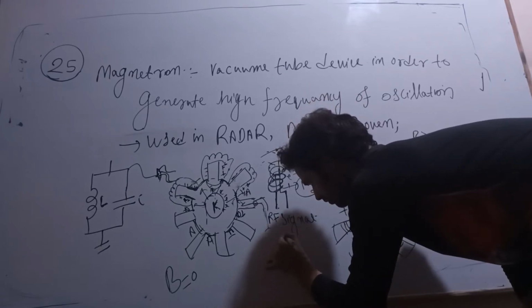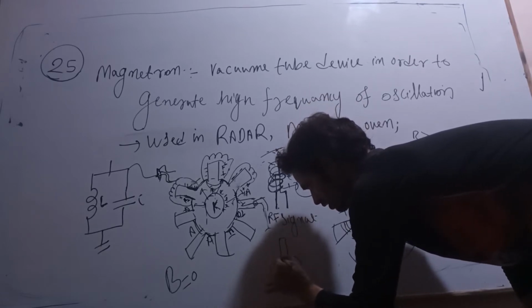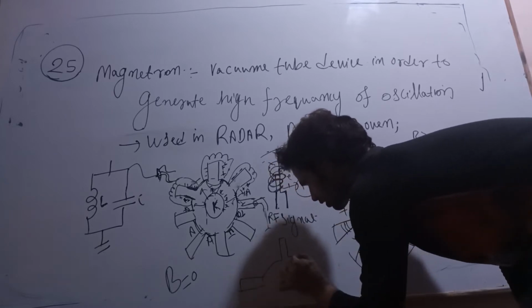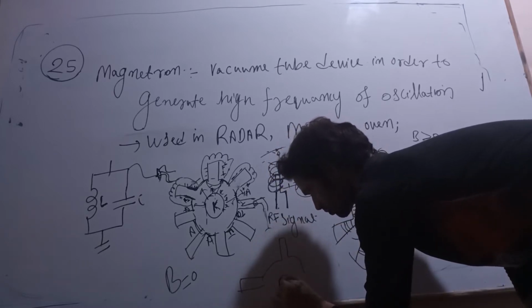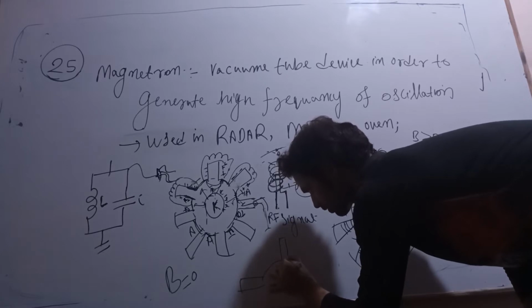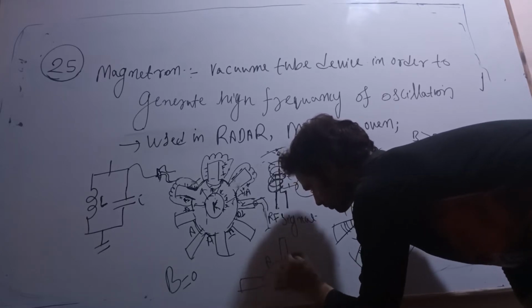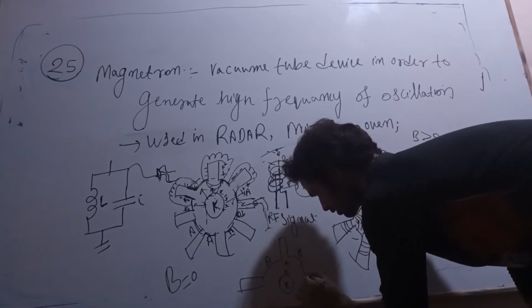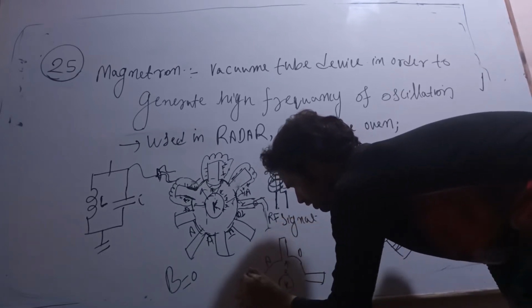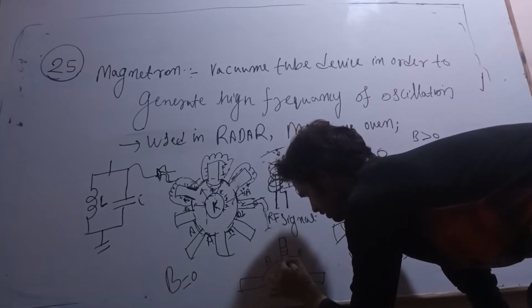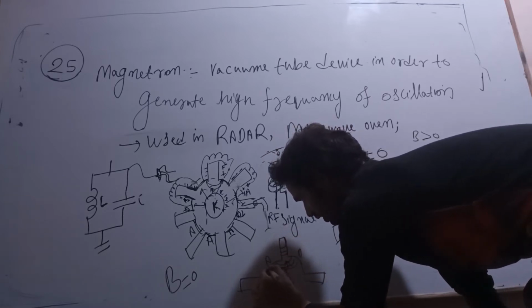So this is my second cavity. This is my first cavity, and this is my cathode, and the electron is moving from this toward this anode. Now, if you see here, it has a magnetic field.